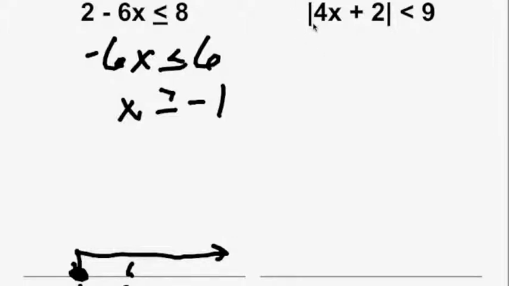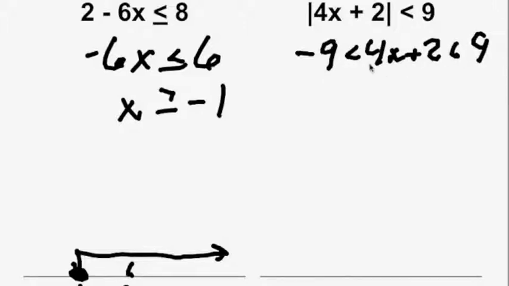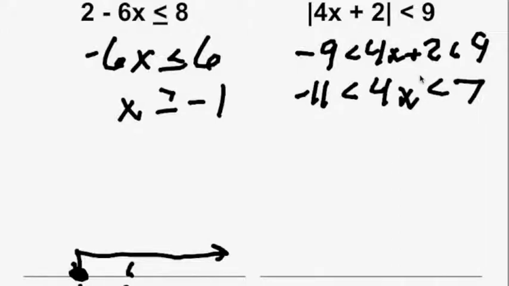And with this expression, the absolute value of 4x plus 2 is less than 9. Because it's a less than, you can rewrite it quite easily as negative 9 is less than 4x plus 2 is less than 9. And so you can subtract 2 from all three sides. So you get negative 11 is less than 4x is less than 7.